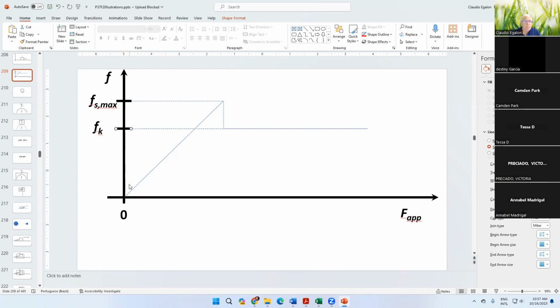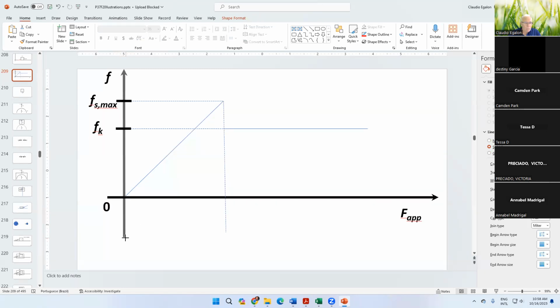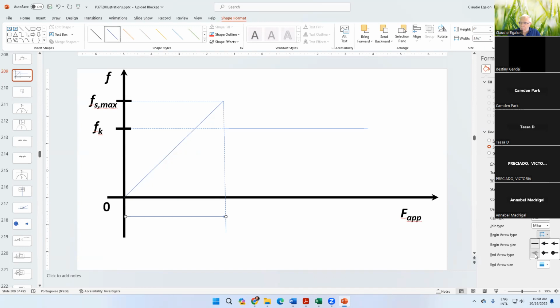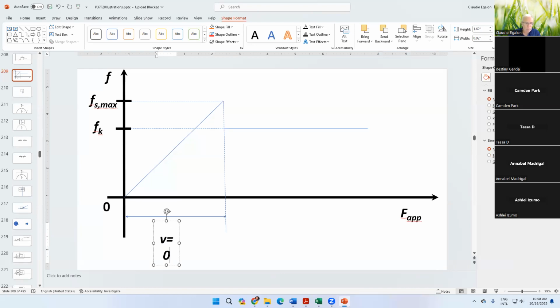From here to here, in this region, the object is at rest, V equal to 0.